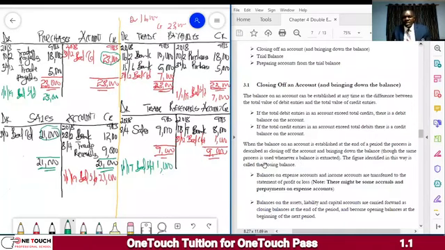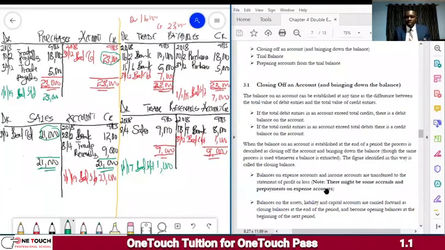Now, we said that balances on expense accounts and income accounts are transferred to the statement of profit or loss. Note, there might be some accruals and prepayments on expense accounts. Okay, good. So what we are saying here is that at the end of the period, the balance on the income and expense accounts will be used for the preparation of what? The statement of profit or loss account.